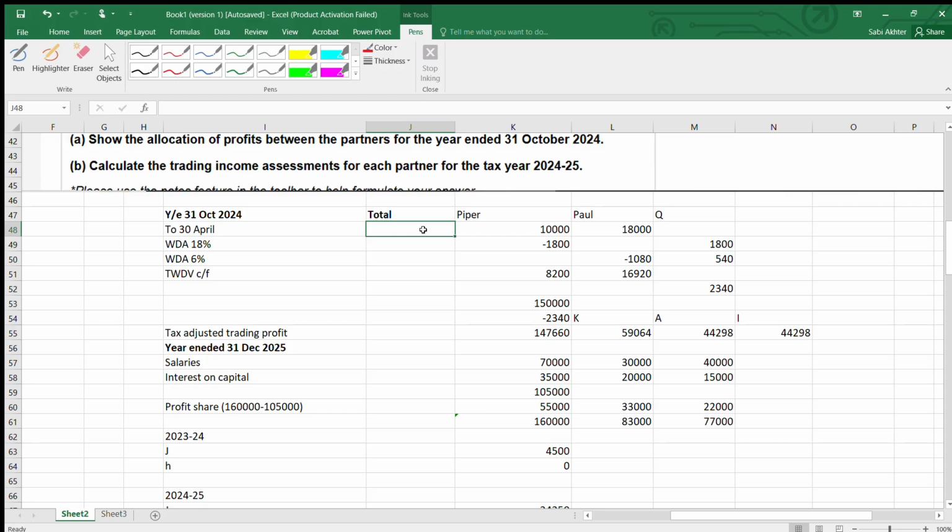Remember, you have to first get the total. Just deduct.